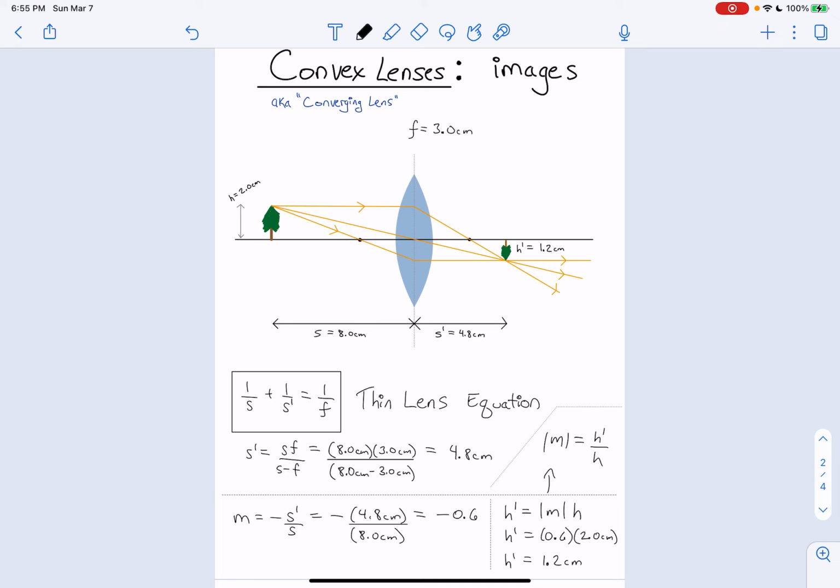This again will be affected by what the focal length is, and that is determined by the curvature of the lens and what it is made of, or the index of refraction. And of course, where you locate the original object will have a big impact on the size and location of the resulting image. Okay, that's it for now.